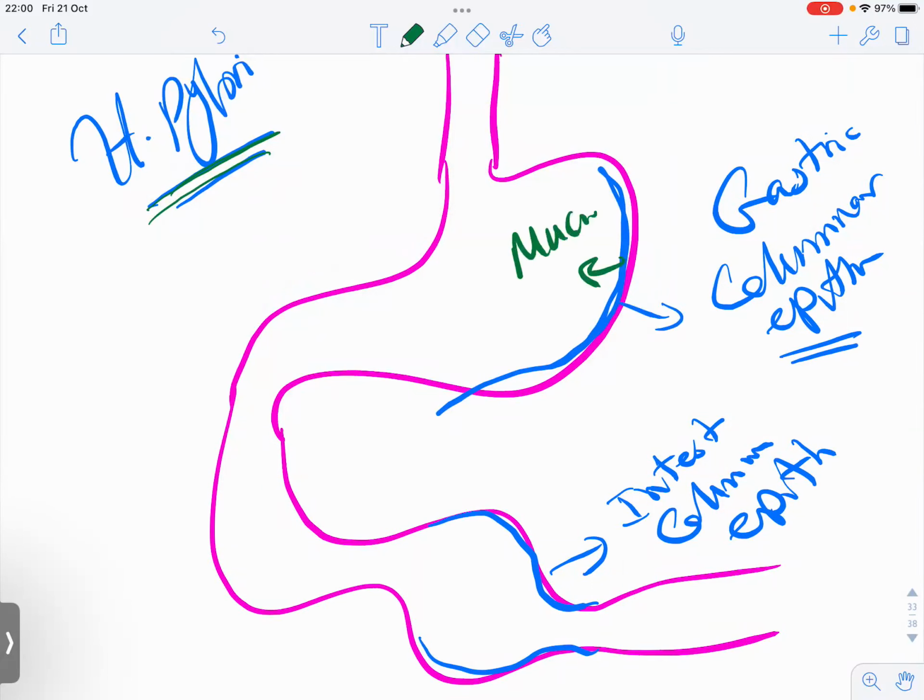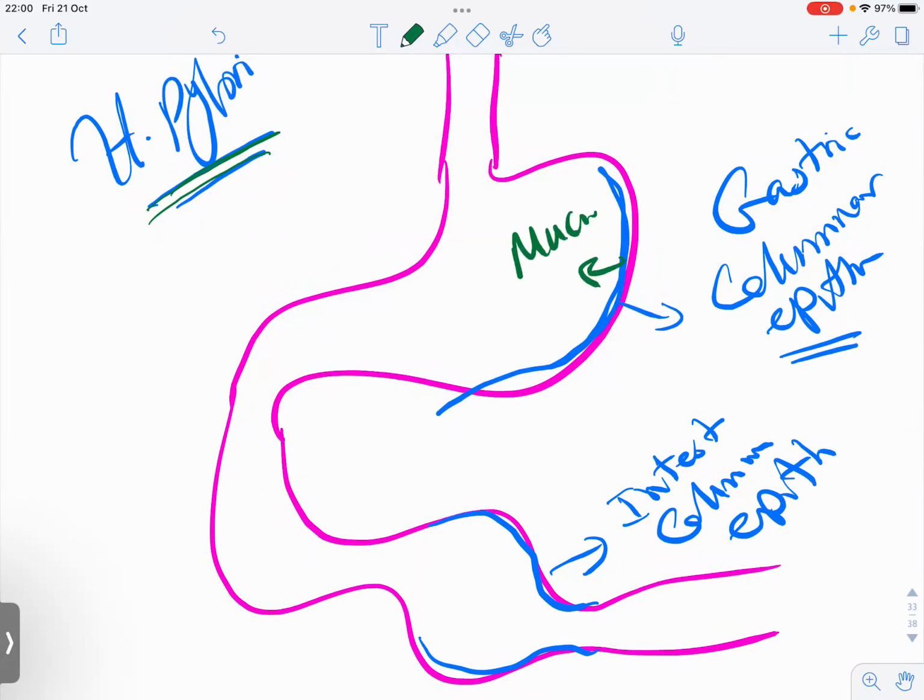That's why Helicobacter pylori wants to live inside the stomach, to get this specific mucin secreted from gastric columnar epithelium. So Helicobacter pylori will come and live inside the epithelial tissue of the stomach, which is columnar.